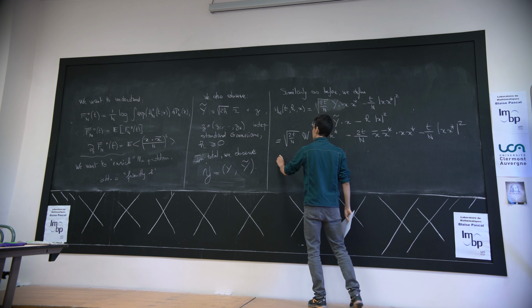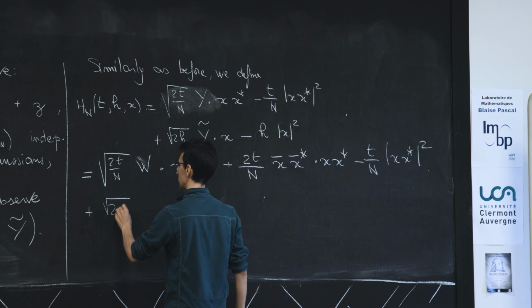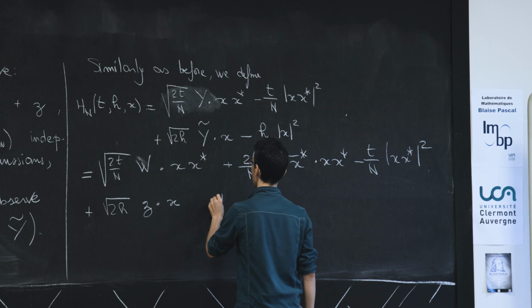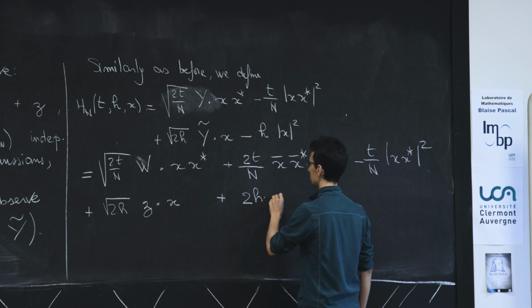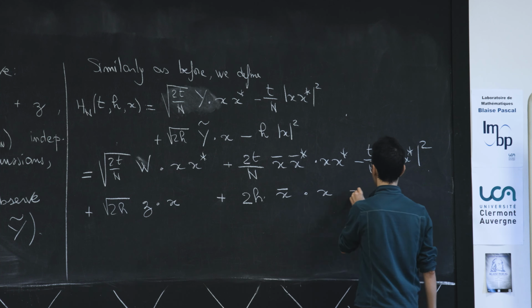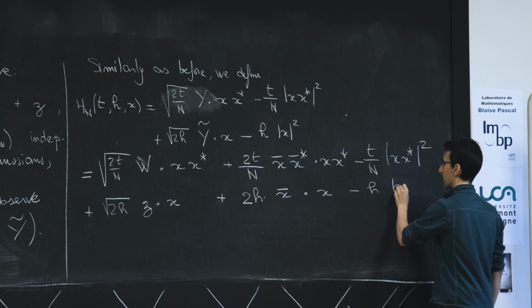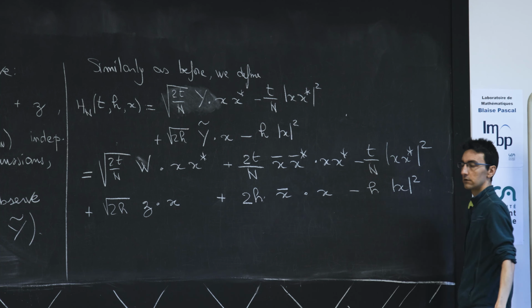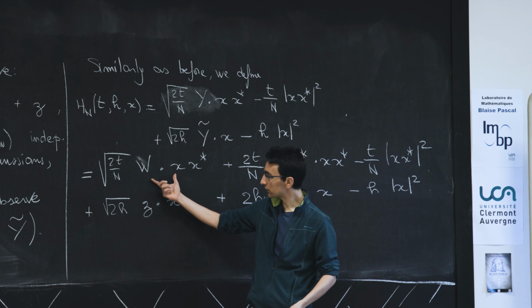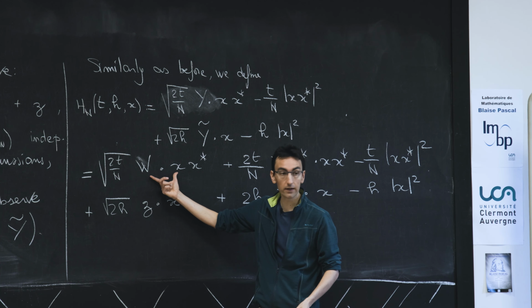And then the second line I can do the same. So plus square root of 2h z dot x plus 2h x bar dot x minus h x squared. Agreed? Okay, so really this should evoke to you the spin glass.